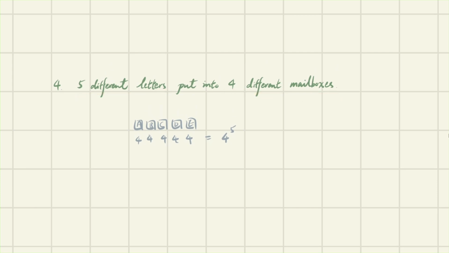What can be repeated? The mailboxes, because different letters can be put into the same mailbox. So 4 is the base. And since the letters cannot be repeated, because there's only 1 of each, they go in the power. So 4 to the power of 5: repeatable to the power of the unrepeatable.